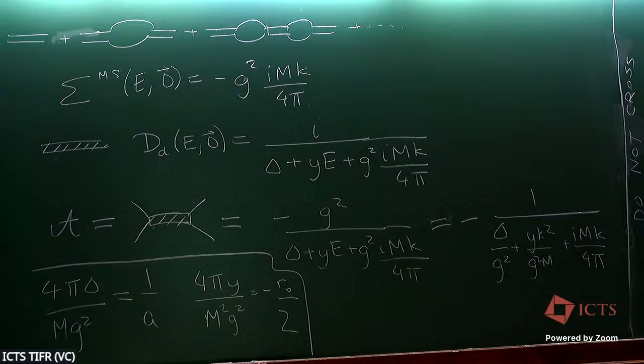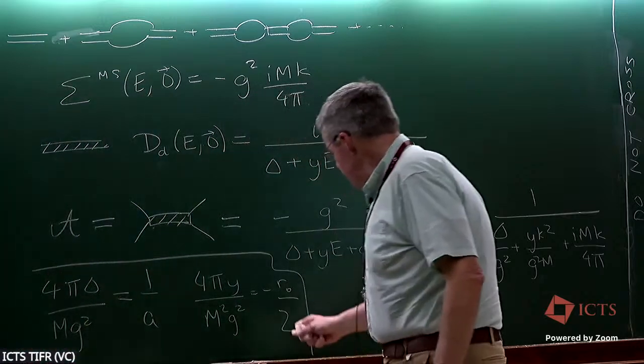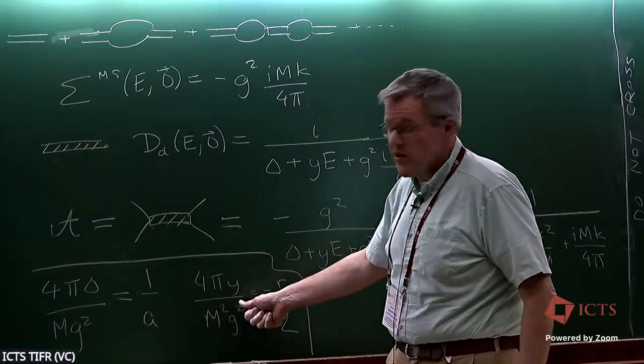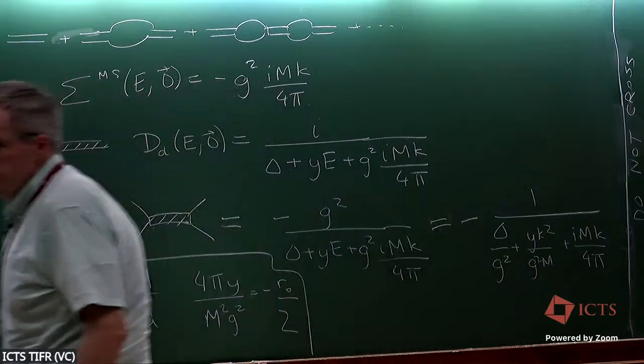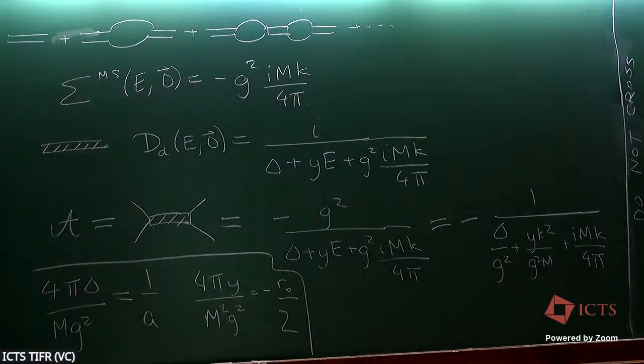But it wasn't just overkill. There is a reason that this Y is here. If you look at this expression, and let's say I set Y to 1, then what can you tell me about the sign of R0? It's negative, right? So you cannot describe positive effective range unless this dimer field has a wrong sign kinetic energy.